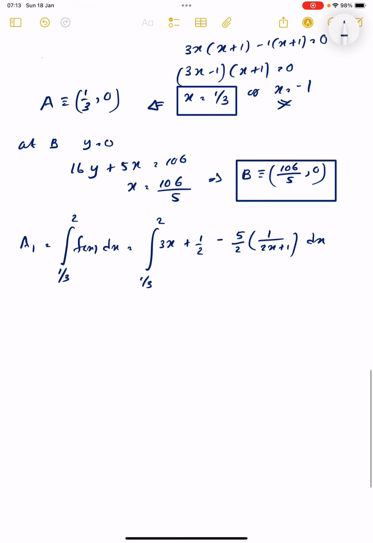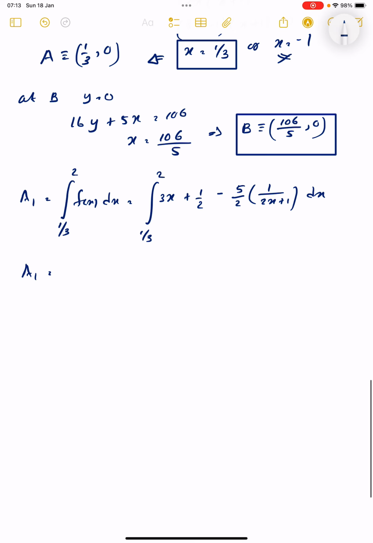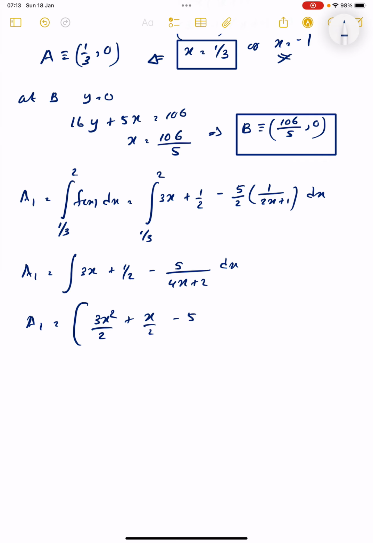So that should give you A1 equals the integral of 3x + half minus 5 over (4x + 2) dx, and the integral of this would be 3x²/2 + x/2 minus 5 ln(4x + 2) over 4, with the limits of 1/3 to 2.